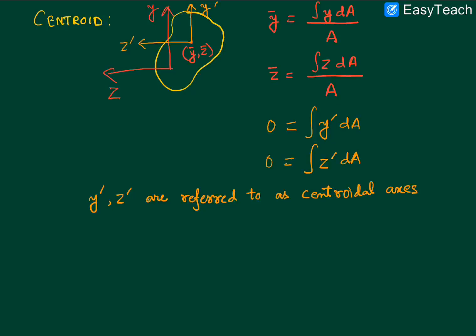Now we must not have any impression that this y dash must be parallel to the original y-axis and the z dash must be parallel to the original z-axis. We might as well have a pair of centroidal axis which is like this. So y double dash, z double dash are also centroidal axis.